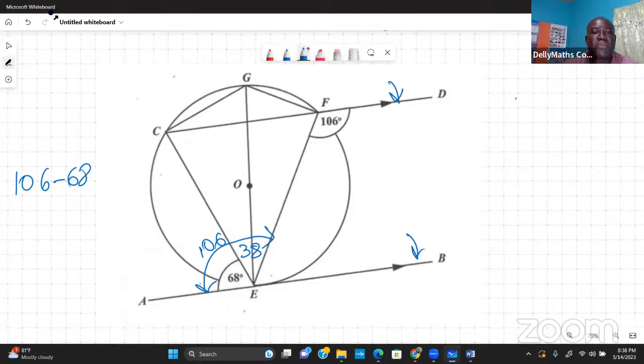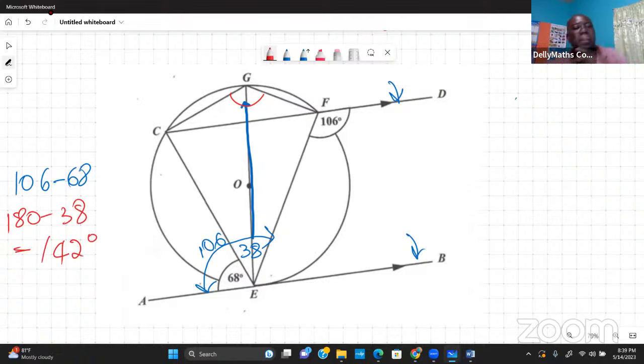And then the same principle comes in. Opposite angles in the cyclic quad add to give 180. So you're still going to do the same thing: 180, take out the 38, and you're still going to have 142 degrees. Depending on what you see in the exam, you're still going to have to make the transition at the end of the day.